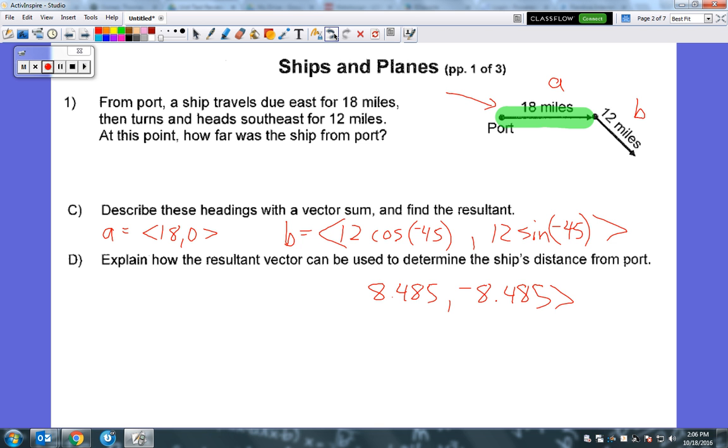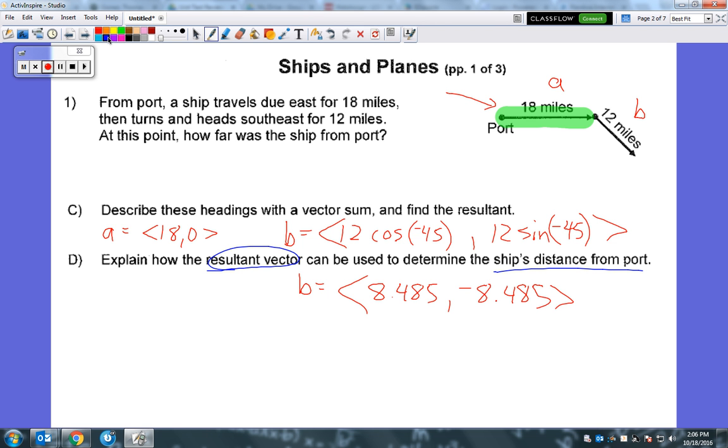Good. So whenever I'm asking you for answers on the test, I want you to write to 3 decimal places unless otherwise specified. And please be more careful with that, because some of you missed points because you would round to the nearest tenth when it asked for the nearest hundredth on the last test. Okay, so those are my vectors as far as independent components for vector A and B. Now we're going to explain how the resultant vector can be used to determine the ship's distance.